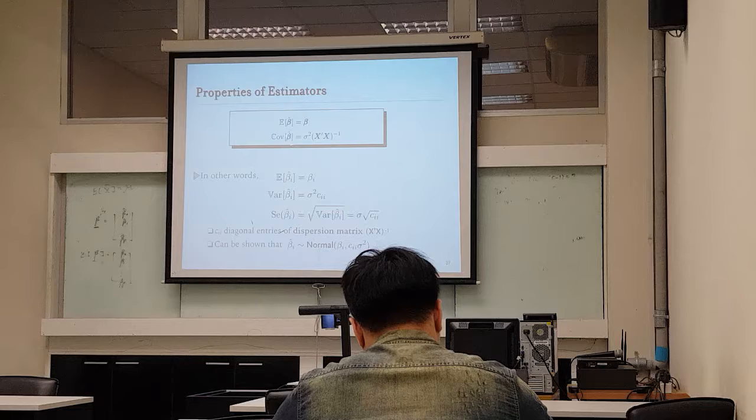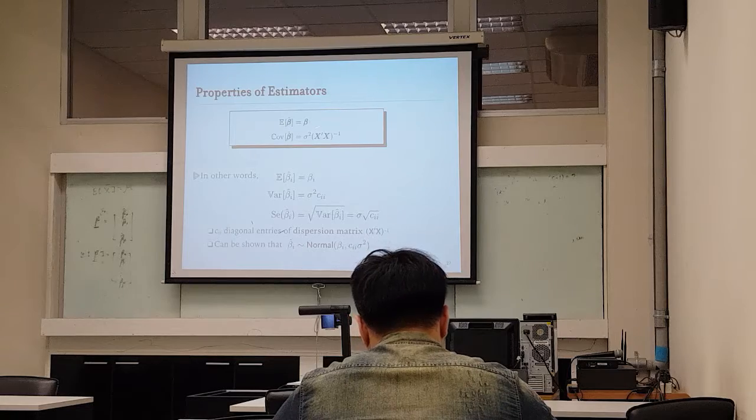And the covariance matrix of this vector beta is given by this one.